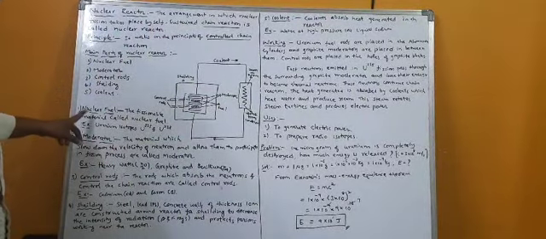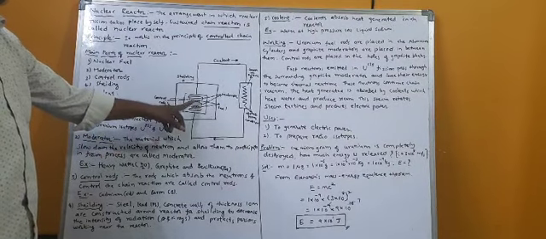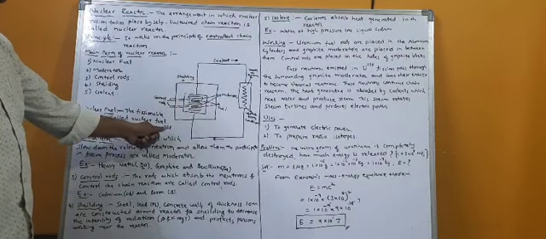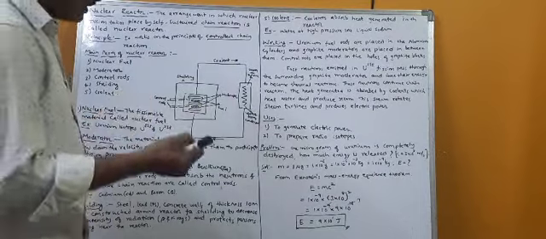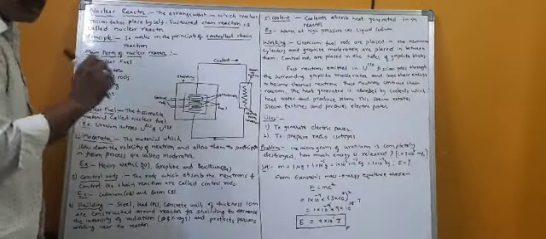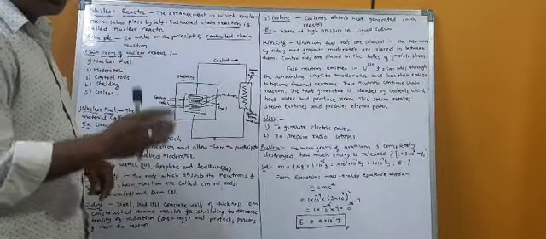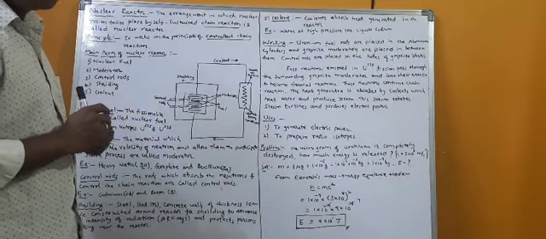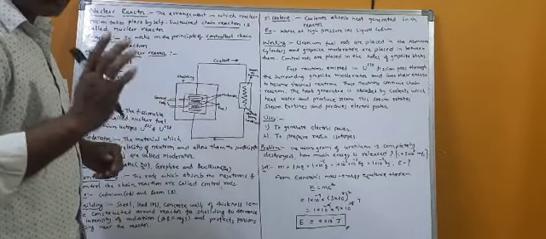Nuclear fuel: the fissionable material is called nuclear fuel. We take uranium, U-235 and U-238 as nuclear fuel. In some cases, we also take plutonium and thorium. Next, after the reaction, prompt neutrons are released, but they do not participate in the chain reaction because they have high energy, about 2.5 million electron volts.